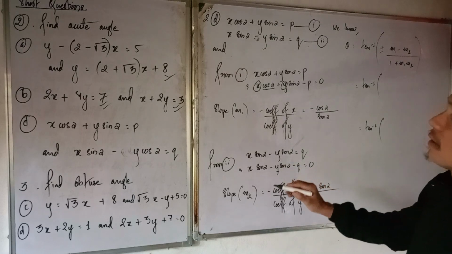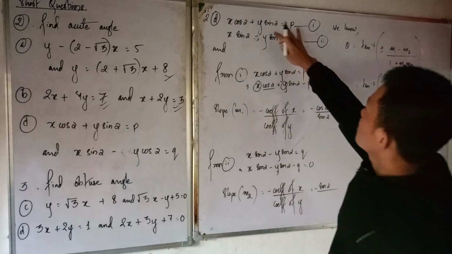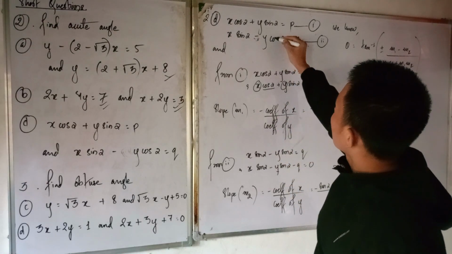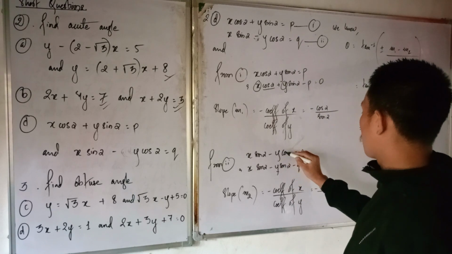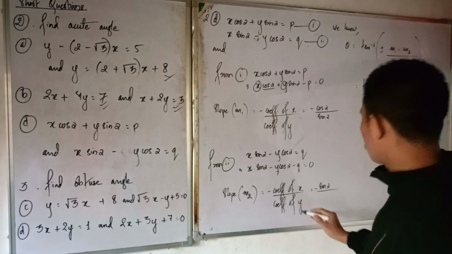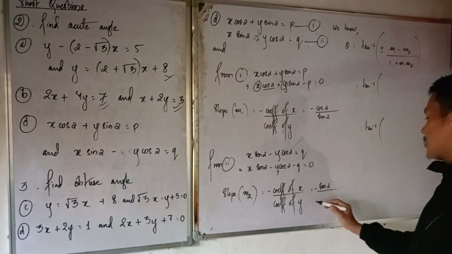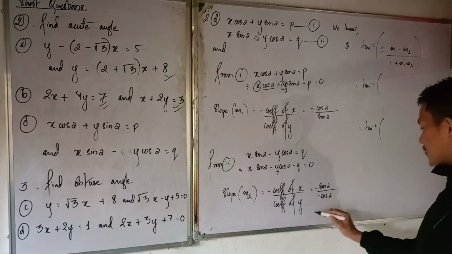Wait. I have written the equations the wrong way. This is sin alpha, this is cos alpha, so some mistake here. So here in the denominator, the coefficient of y will be minus cos alpha.